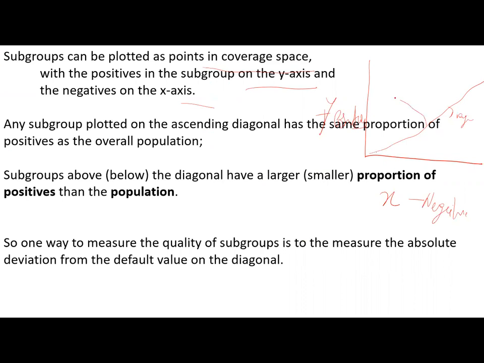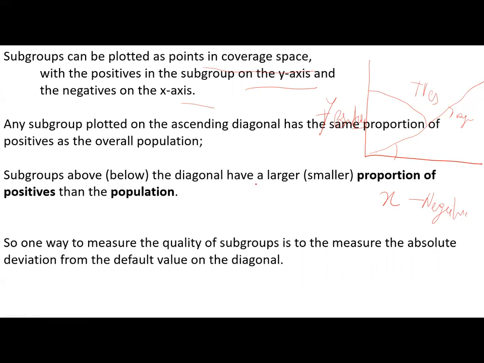So this part has more positives, and this part more negatives. Any subgroup plotted on the ascending diagonal has the same proportion of positives as the overall population. Subgroups above the diagonal have a larger proportion of positives than the population.